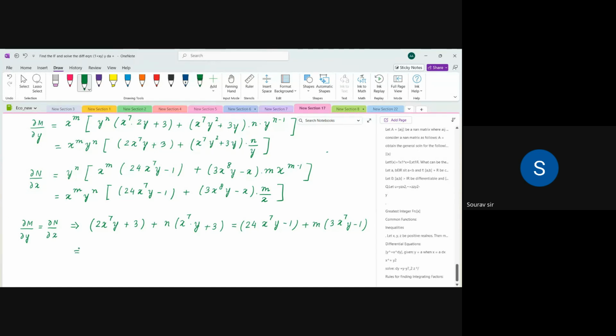Alright, so if you group all these terms, 2x to the power 7y plus n times x to the power 7y, this is one part, plus 3 plus 3n is equal to 24x to the power 7 minus 3m x to the power 7y, correct?